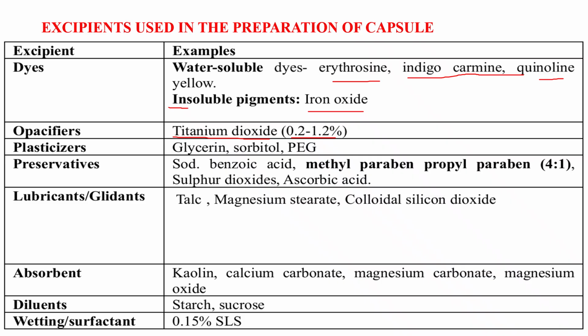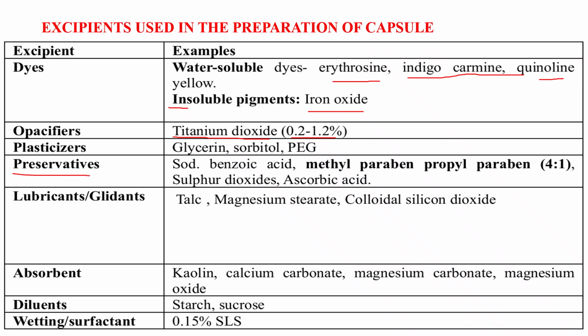It will provide mechanical strength as well as plastic property to the capsule. For plasticizer, glycerin, sorbitol and polyethylene glycol are used. These are the ingredients which are used as plasticizers in the preparation of capsule.